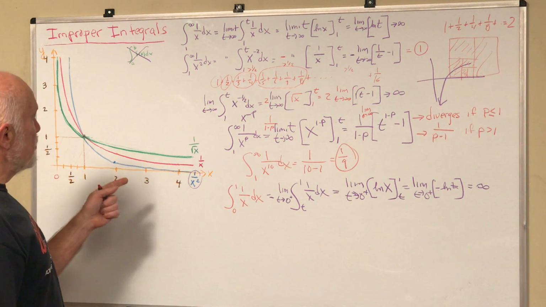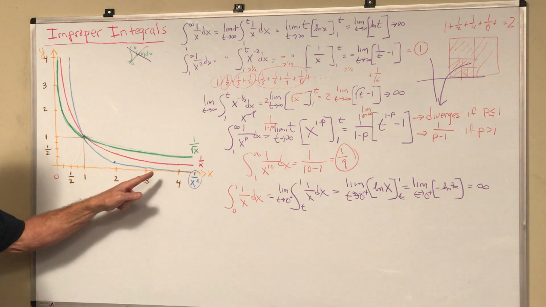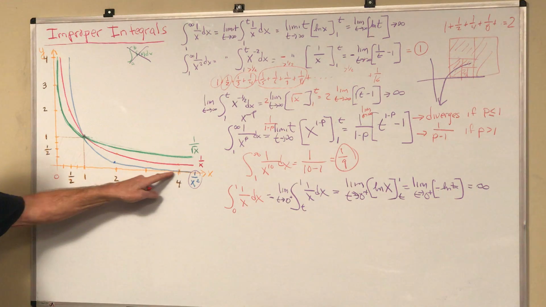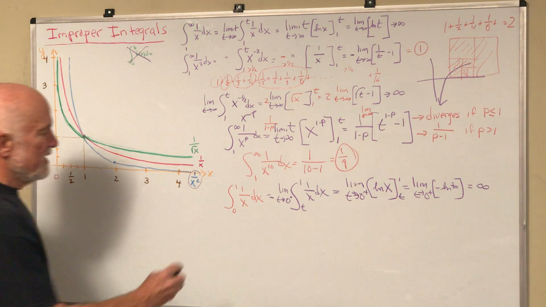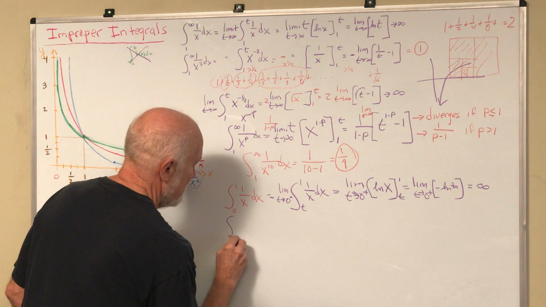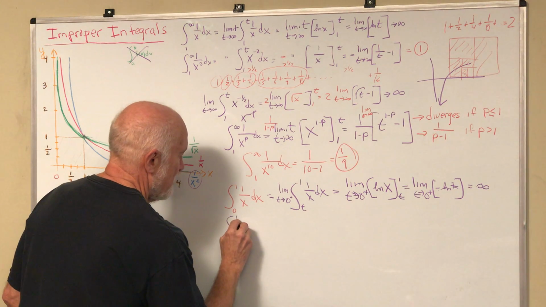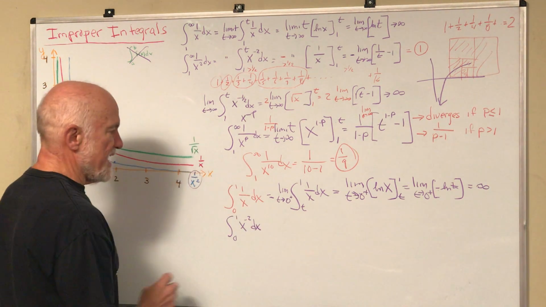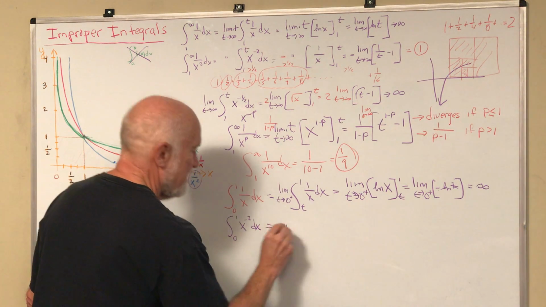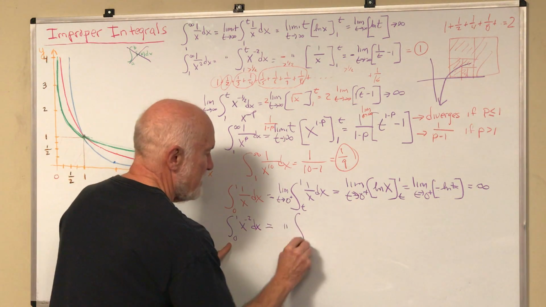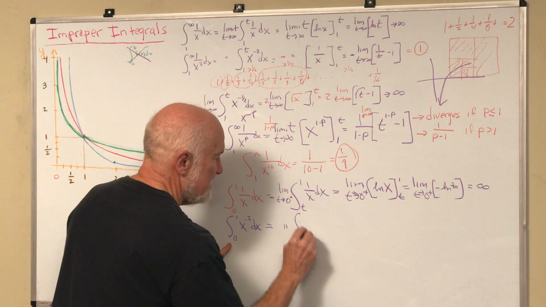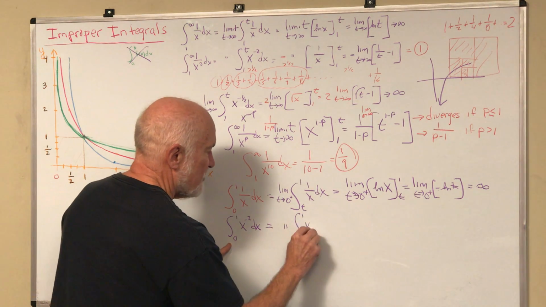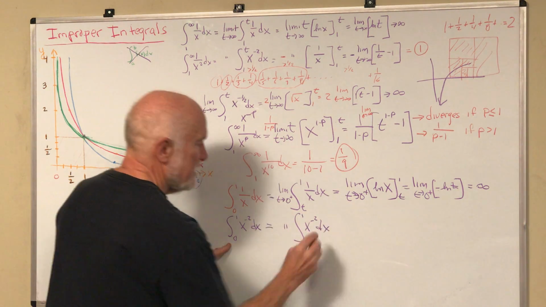Now, let's try to do it with 1 over x squared, this blue curve. So I'll just make it x to the negative 2 dx. Again, you're going to have to do the same thing and make it from t to 1 of x to the negative 2 dx.